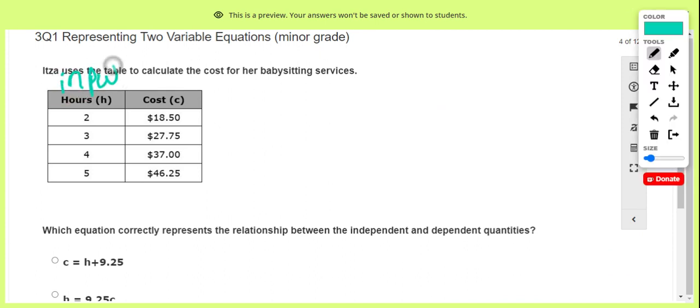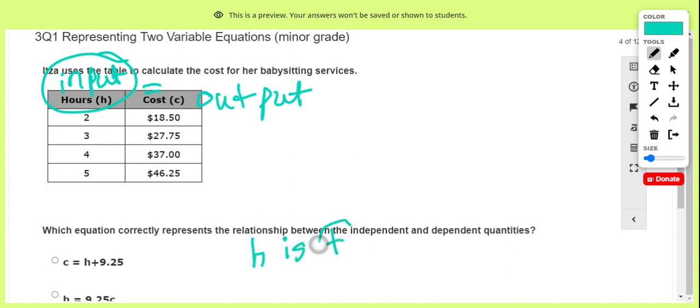You got input of hours, and then the output is cost. So H goes in, you're checking to see is H adding or multiplying.